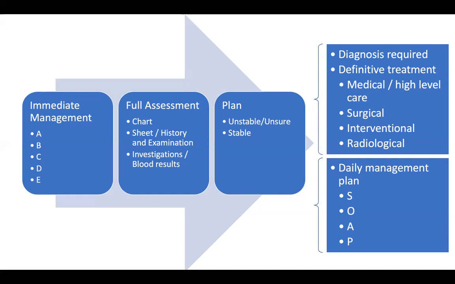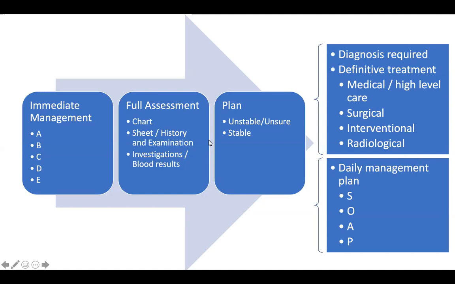And then after these first 2 steps, you have to think, is this patient stable or unstable? Sometimes you might not be sure, okay? According to stable, not sure, or unstable, you have to decide now. You have to do something for this patient, okay?